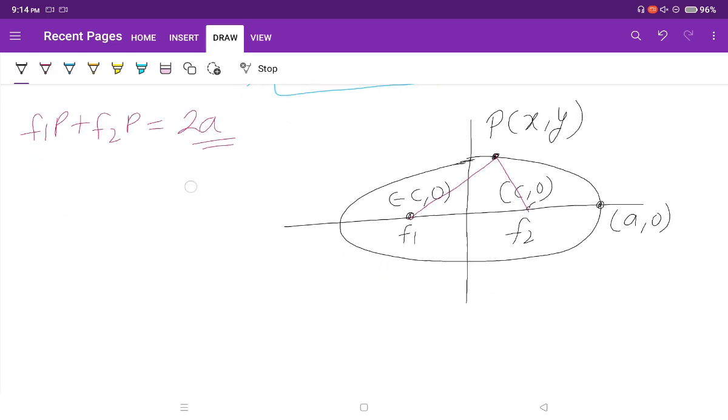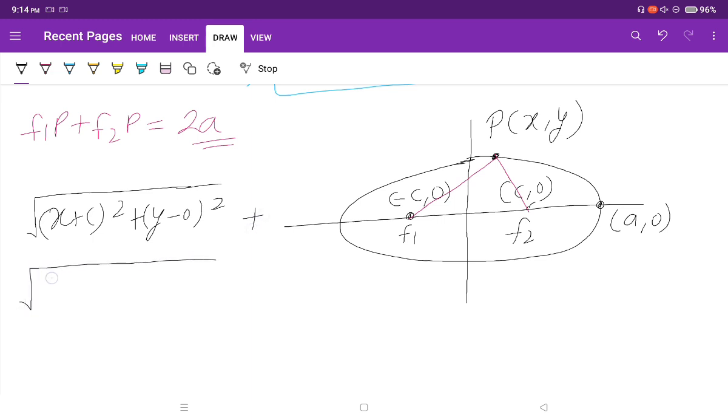We have F1P as the square root of (x plus c) squared plus (y minus 0) squared, correct? We have F2P as the square root of (x minus c) squared plus (y minus 0) squared, and the sum equals 2a, correct?